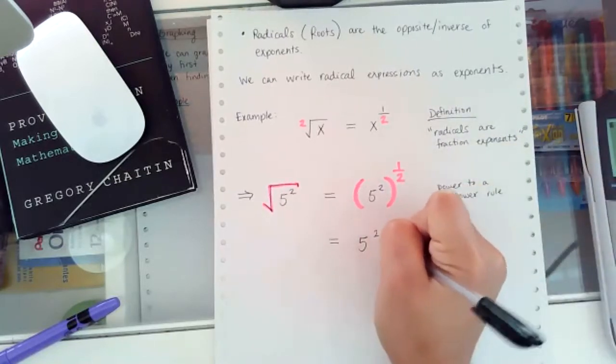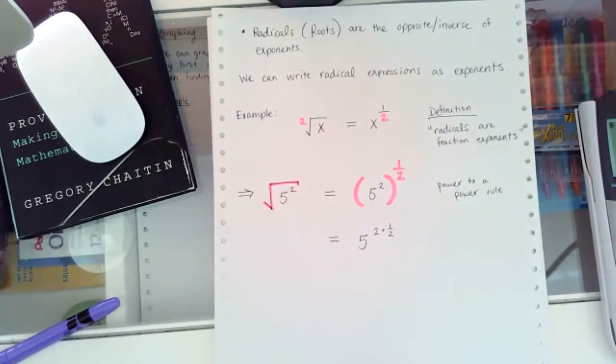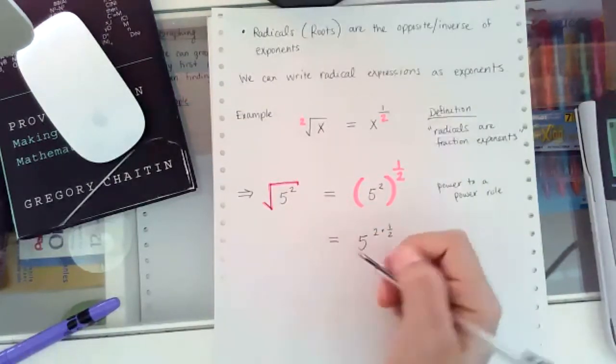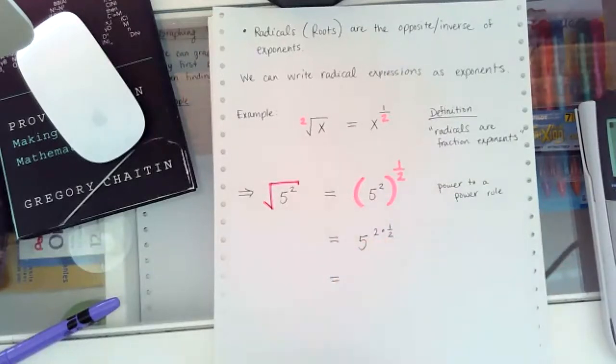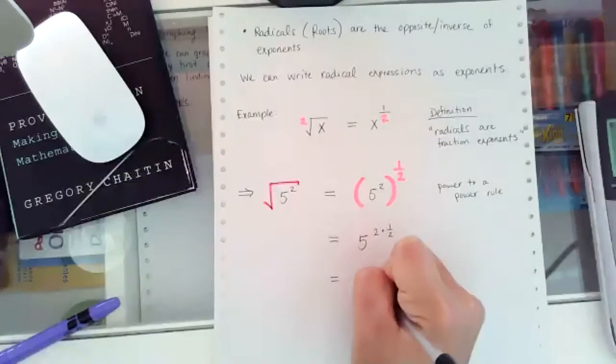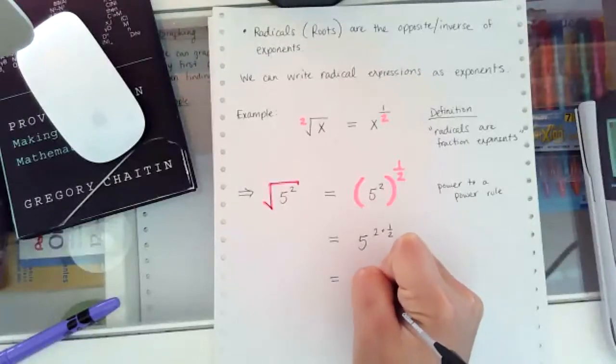And if we multiply 2 times 1/2, what do we get? What is 1/2 of 2? 2 over 2? Yeah, but what does that reduce to? 1. Yeah.